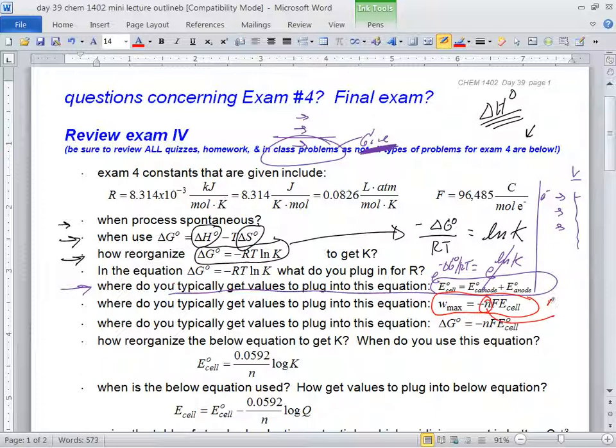N has to be the moles of electrons. The big hint to me is this. That F is coulombs per moles of electrons. You have to cancel out the moles of electrons. So you have to figure out in this process of W max, right? There's some reaction inside the battery or somewhere, and you have to use what they give you to convert it to moles of electrons.